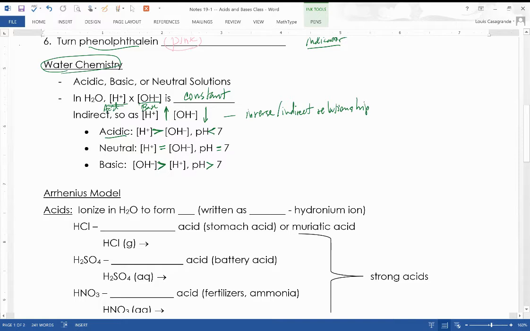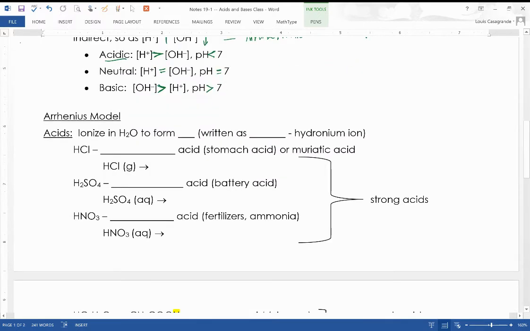So let's finish up today's lesson by looking at the first model for acids and bases. This is called the Arrhenius model. In the Arrhenius model, acids ionize in water. So you put them in water, they ionize, and they form H+. Now, H+ is how we sometimes abbreviate it, but that's not how it really exists in solution, and often it's written as H3O+.